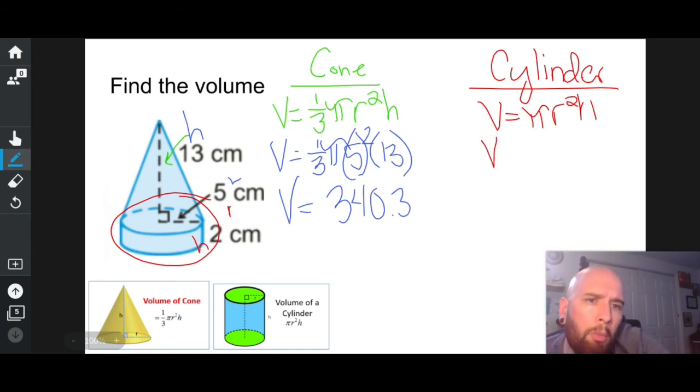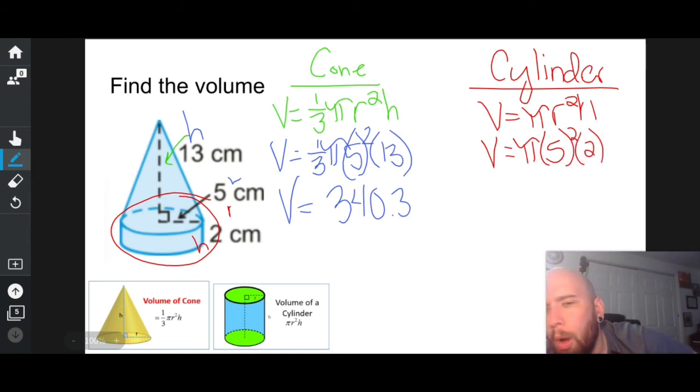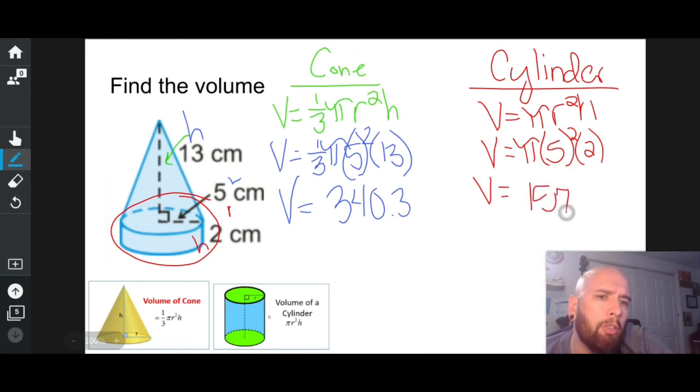So the volume of the cylinder is pi 5 squared times 2. What is pi times 5 squared times 2? The answer is approximately 157.08. So 0.08 is going to be 0.1.